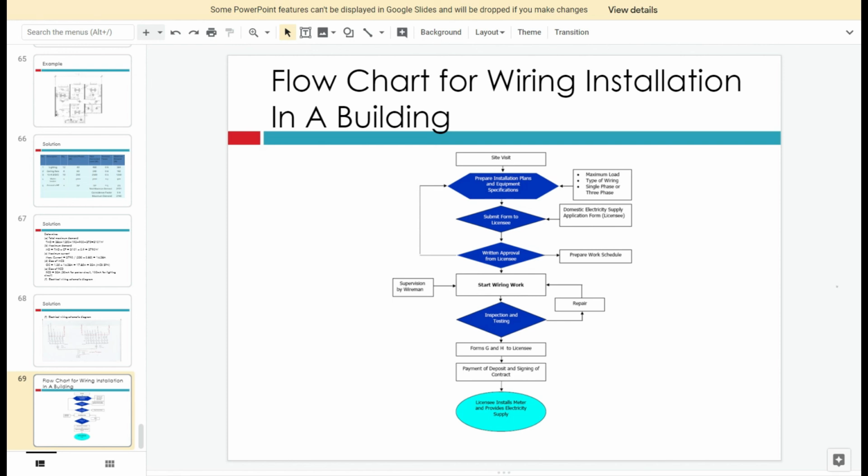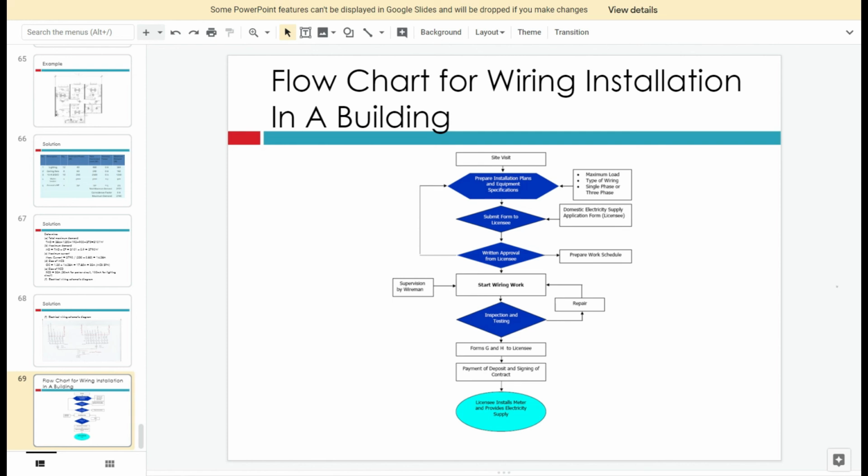Okay, you can start with the work execution, and then you also have to do the inspection and testing of the work. And then after that, you have to submit the completion. You have to report to the authority. You have to sign the contract and also deposit the fees for the TNB, which is the charge sambungan pengguna, CSP.